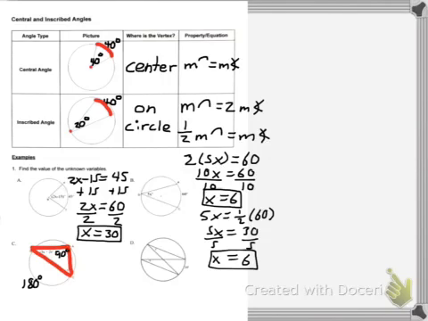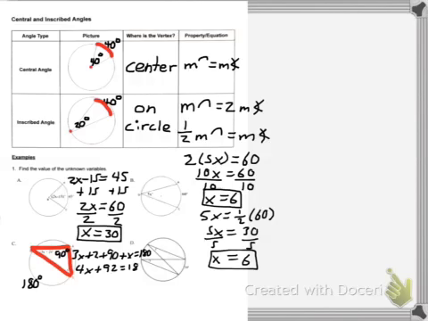Now you'll notice that I have that red triangle drawn right there. This goes back to previous lessons where we know that the interior angles of a triangle add up to 180 degrees. So to solve this problem, I would simply add the three angles together. So 3x plus 2 plus 90 plus x, and set those all equal to 180. Alright, when I simplify my equation right here, I would get 4x plus 92 equals 180.